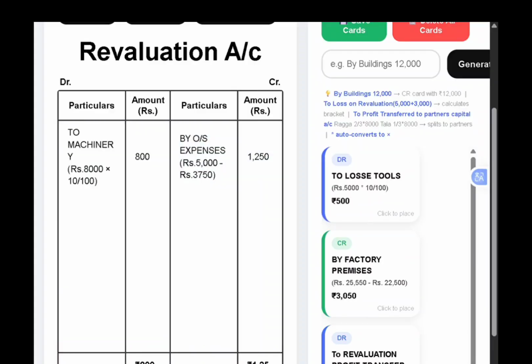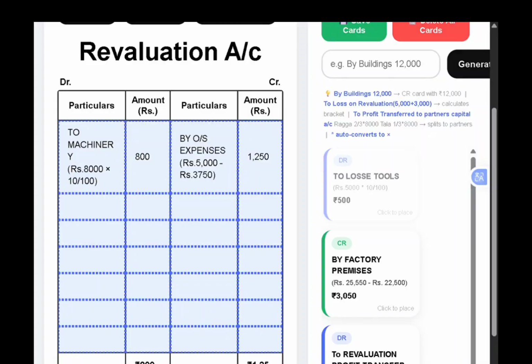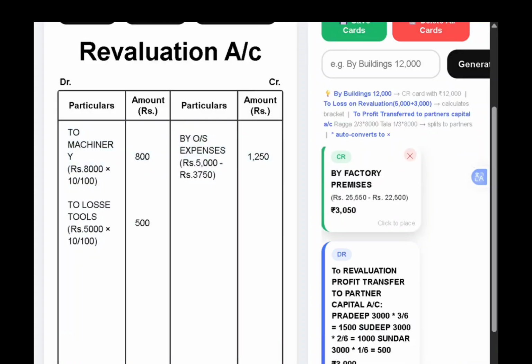In the same adjustment, we also have loose tools that have to be valued at 10% less than the book value. Again, this will be depreciation, so it will appear on the debit side as to loose tools, rupees 5,000 into 10 by 100, which will be 500 on the debit side.